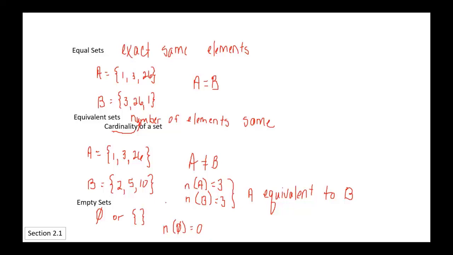By the way, I just used the phrase element. Element looks like kind of a C with a line here. So I could say that 1 is an element of A, and 1 is an element of B. And then down here, 1 is an element of A, but 1 is not an element of B.